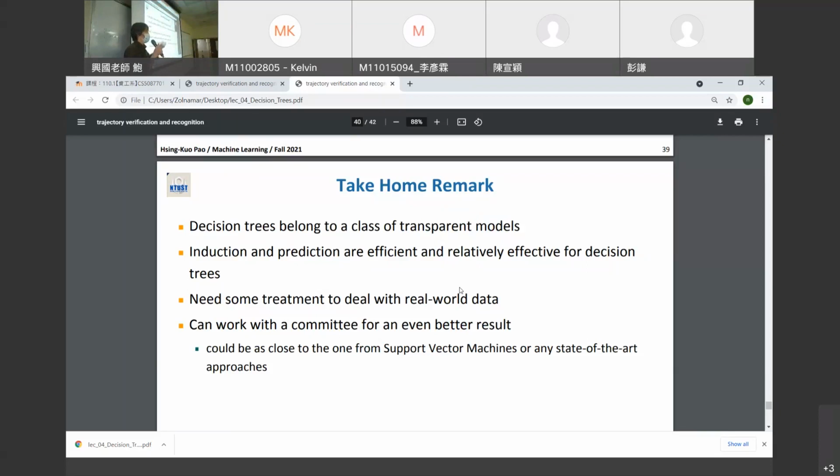Why? Because we can still manipulate the result. That's true, right? Given 10 trees, even 100 trees, we can manipulate each of the trees to make sure what kind of result we have for each data, right? We can still do it, right? But we cannot easily do it for a deep learning model, right? Okay, that's all.